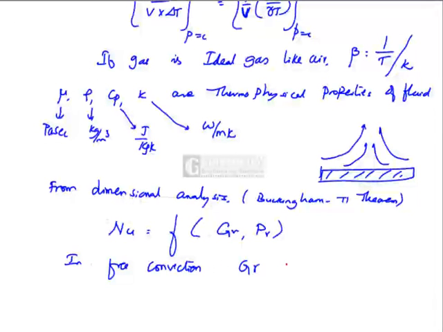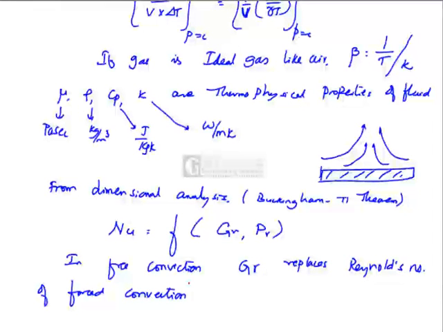Here in free convection, Gr replaces Reynolds number of forced convection. So in forced convection, Re will be there.